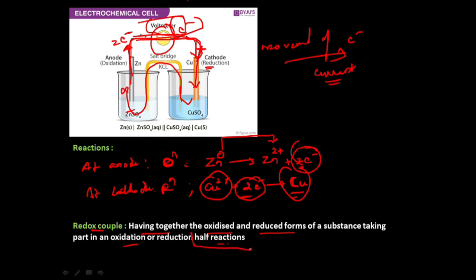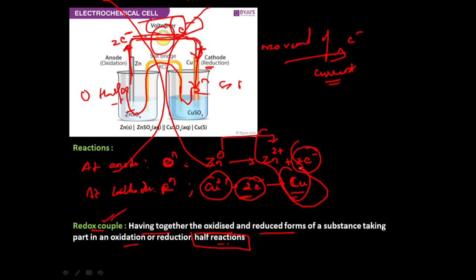First of all, half reactions: this is the oxidation half reaction, in which only oxidation occurs, and this is the reduction half reaction, where only reduction is taking place. So the products of both the reactions combined together are nothing but a redox couple.